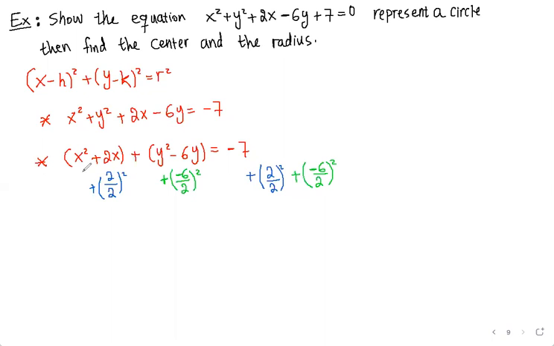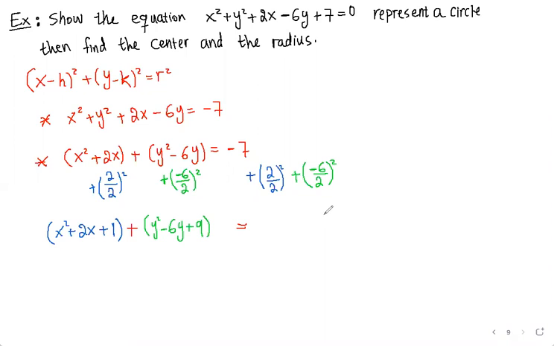Okay, let's do it. So here I get x squared plus 2x plus 2 over 2 is 1, squared is 1. Plus the green one here: y squared minus 6y plus -6 over 2 is -3, squared is 9.